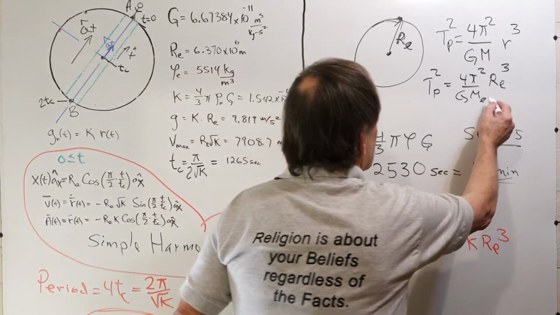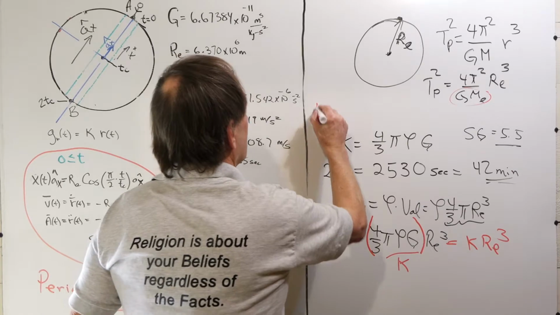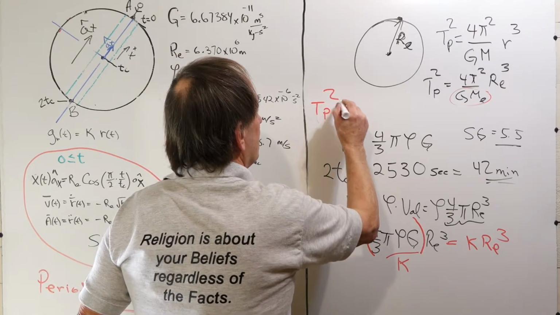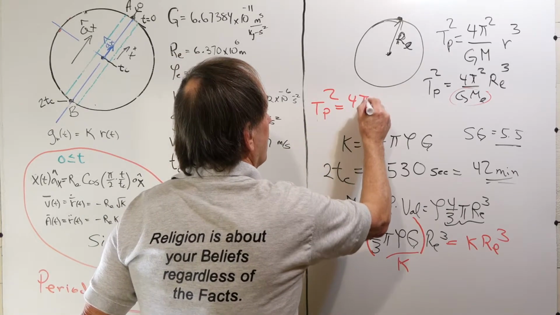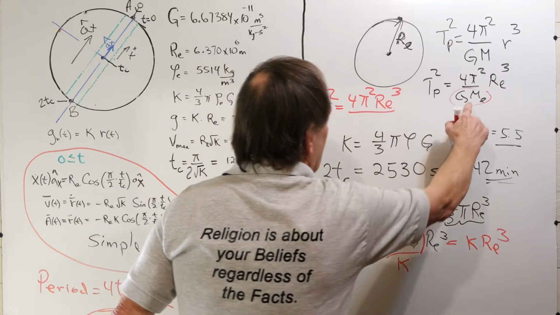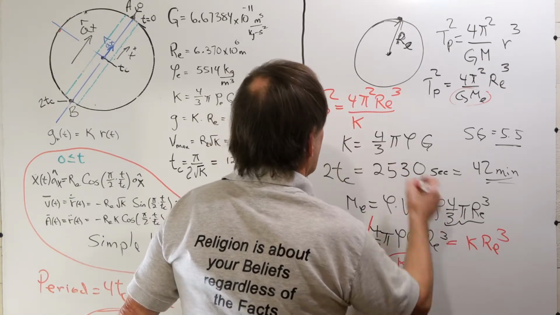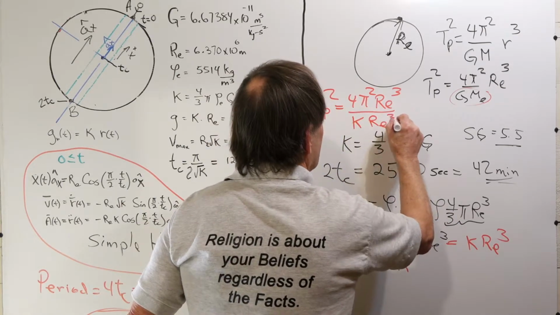We can put that in here in Kepler's law. So the period squared is 4 pi squared, radius of the Earth cubed, over, and now I'm going to put in for GME, which is K times the radius of the Earth cubed.